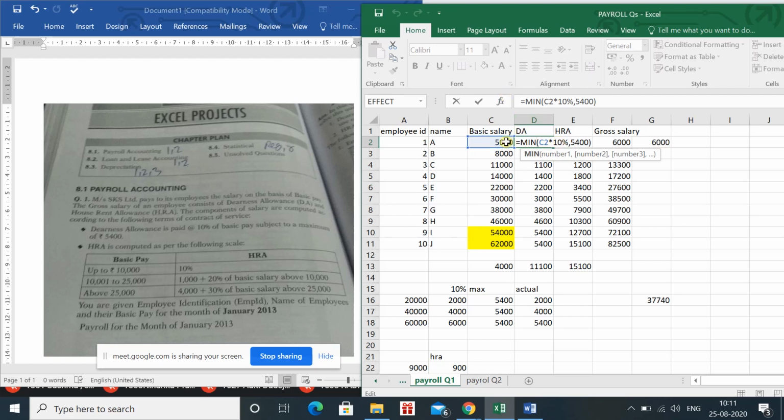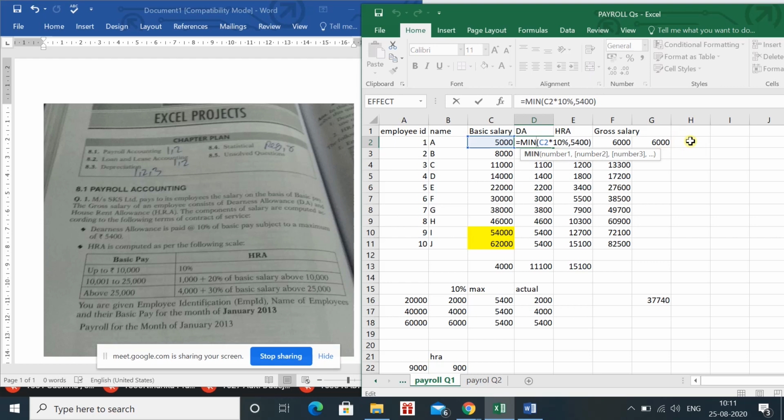In C2 we have written the basic salary, so we are saying 10% of basic salary और 5400, इन दोनों में से जो भी minimum है please give us. So all the basic salary you can see are less than 5400 except these highlighted. So you can see that I have already applied the formula.